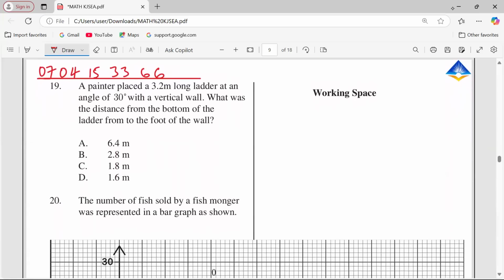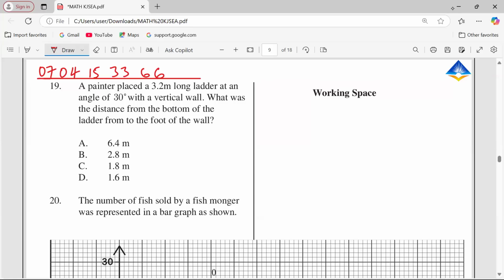Number 19. A painter placed a 3.2 meter long ladder at an angle of 30 with a vertical wall. What was the distance from the bottom of the ladder to the foot of the wall?